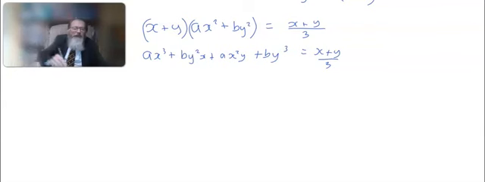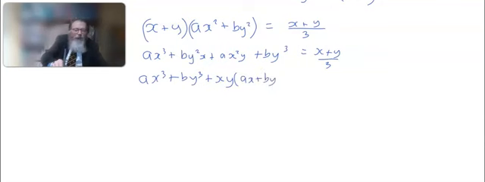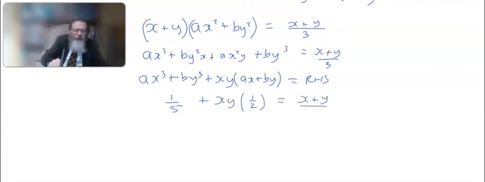And once again, if I collect together, I get ax cubed plus by cubed plus xy times ax plus by equals the right-hand side, and comparing that with the information given in the question, that is 1/5 plus xy times 1/2 x plus y upon 3.